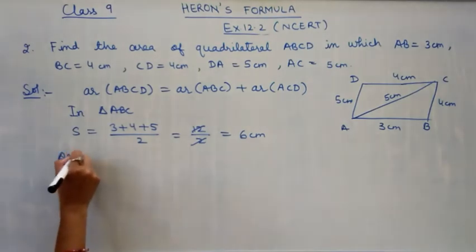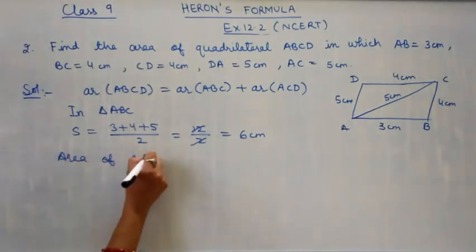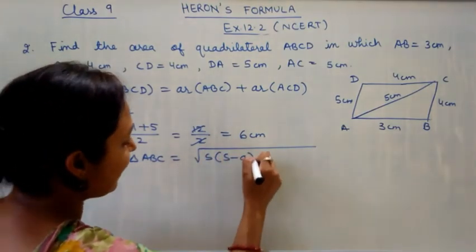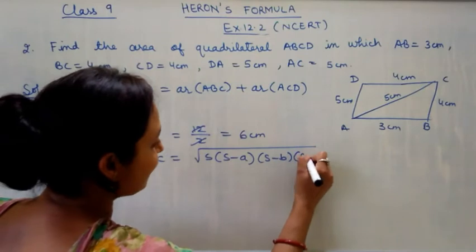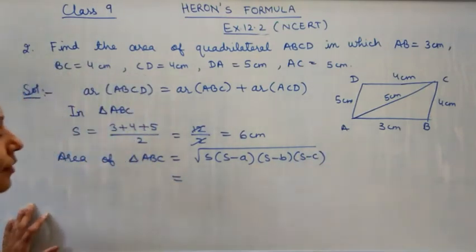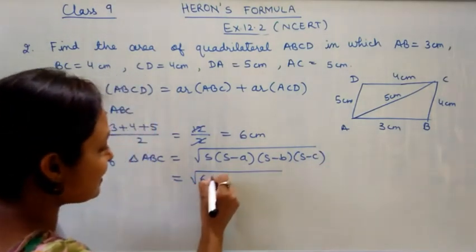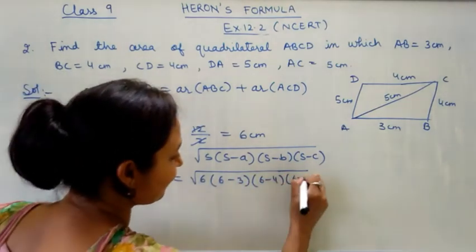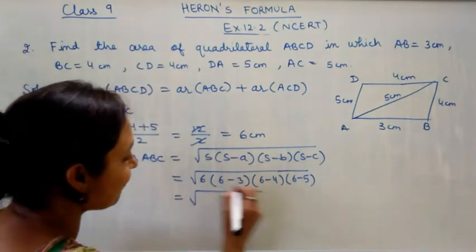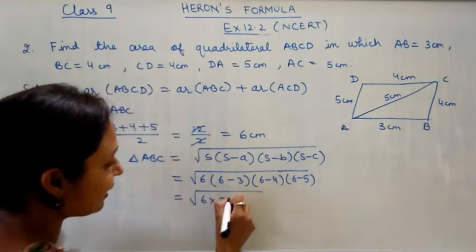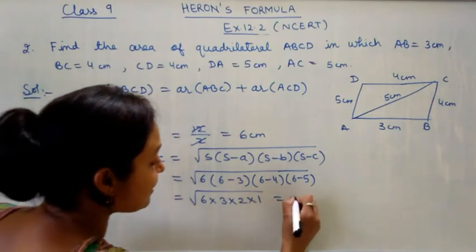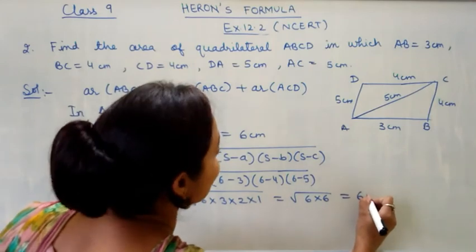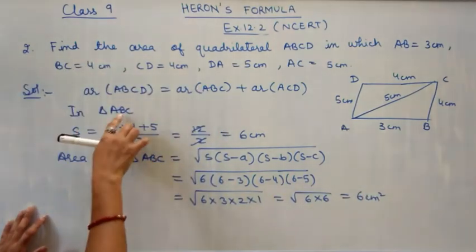Now area of triangle ABC is under root of S, S minus A, S minus B and S minus C. Take S as 6: 6 minus 3, 6 minus 4 and 6 minus 5. After subtracting, we will get 3, 2 and 1. That is 3 2s are 6, 6 into 6 under root, that is 6 centimeter square. This is the area of ABC.